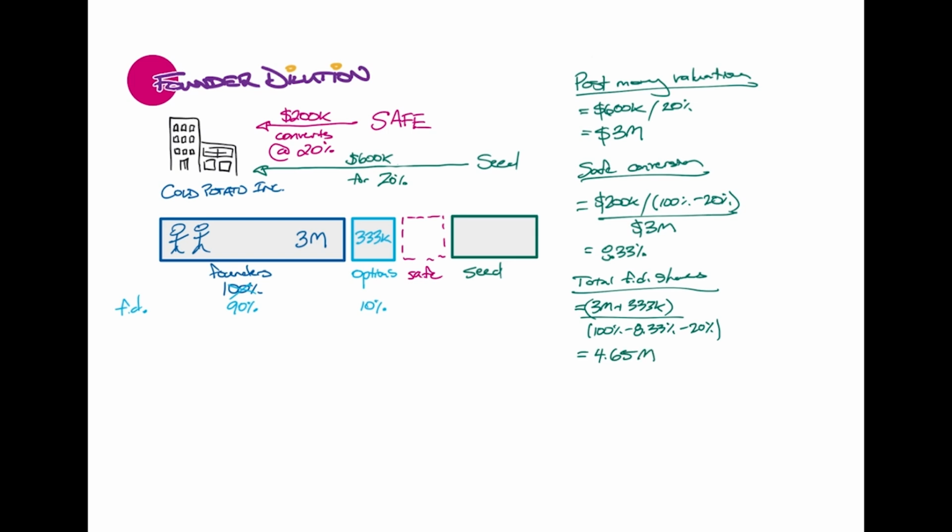And from here, we can calculate the fully diluted ownership percentages, which are 64.5% for the founders, 7.17% for the option pool. And we, of course, know that the SAFE investors will have 8.33% and the investors will own 20%.